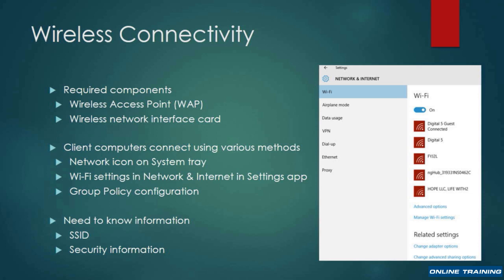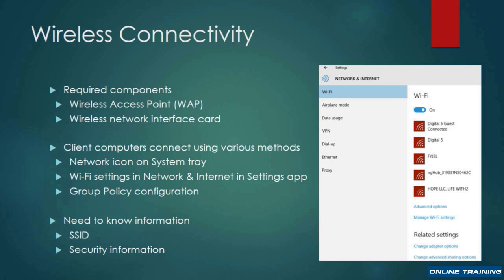They come in the form of internal cards, or you can even have wireless cards that plug in via USB. But you need that because it's got the antenna on it. It's capable of then communicating on a particular radio frequency using a particular standard. Some of them will be backward compatible. So 802.11n, for instance, is backward compatible with G and B. You're always going to be operating at the speed of the slowest component.